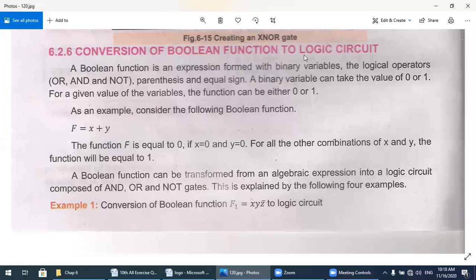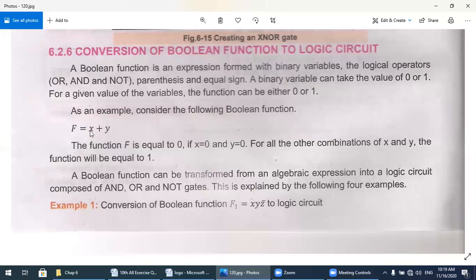Conversion of a Boolean function to a logic circuit. First of all, we will discuss what a Boolean function is. It is an expression formed with binary variables, the logical operators OR, AND, and NOT, parentheses, and the equal sign. A binary variable can take the value 0 or 1. Let's say the equation is f equal to x plus y.